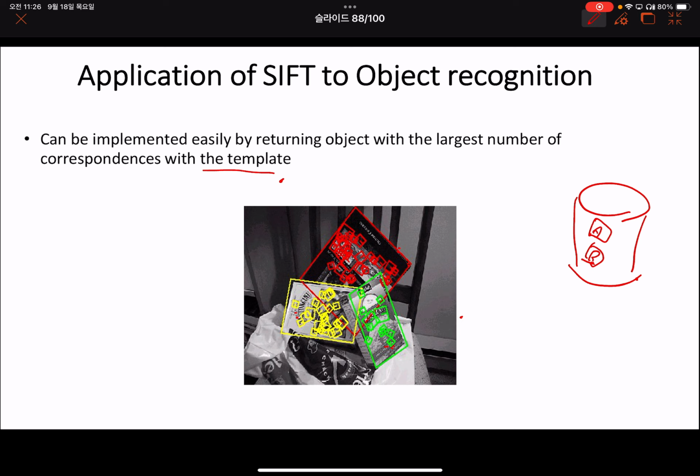What is the actual position, orientation, and scale of template A in this image? It tries to find the position and rotation of the template, but using SIFT, we can compare this template with the detected image so that we can make a correspondence between template and object in the image. That is for object recognition back in the day.